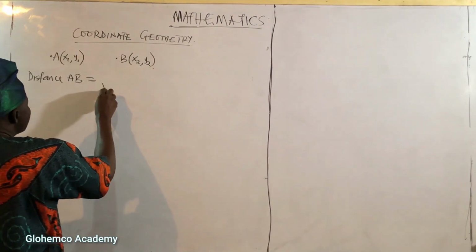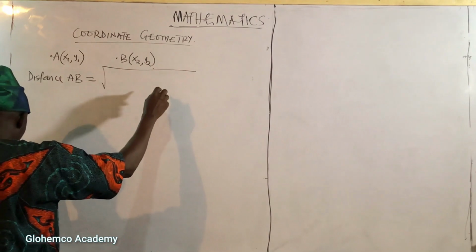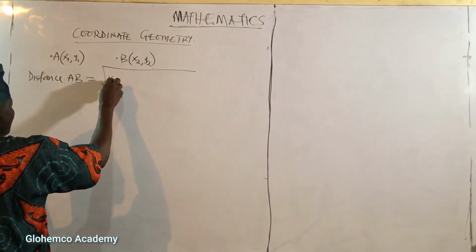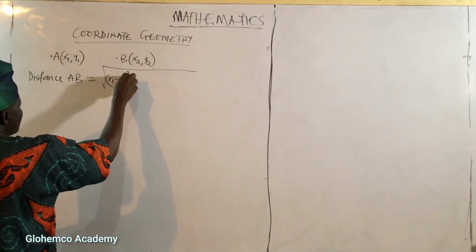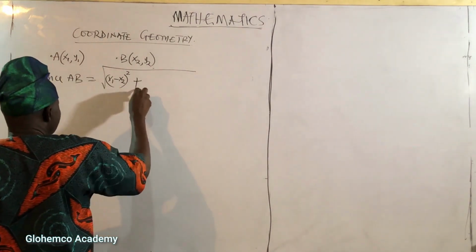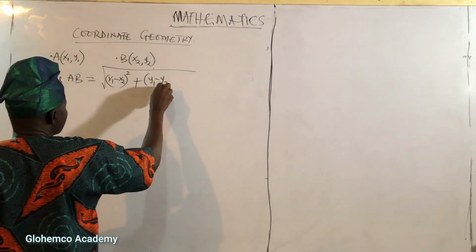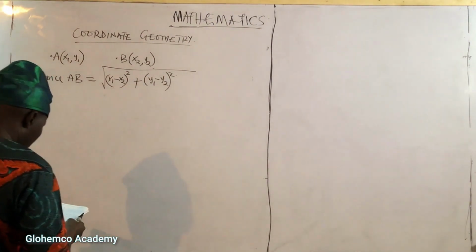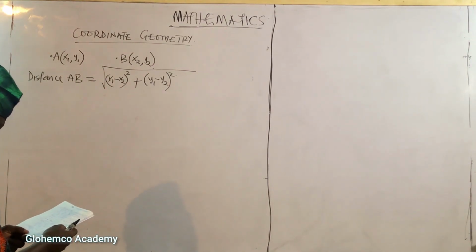by formula square root of x1 minus x2 all squared plus y1 minus y2 squared.